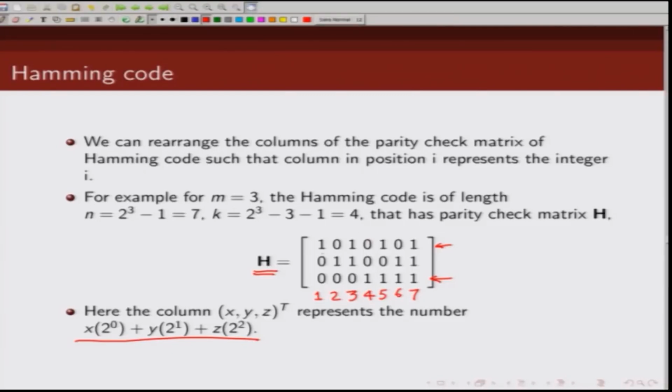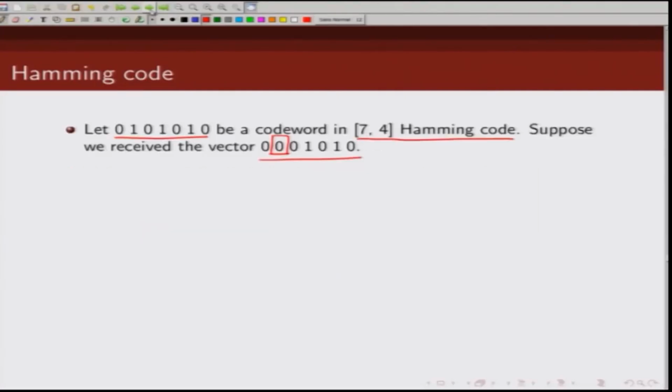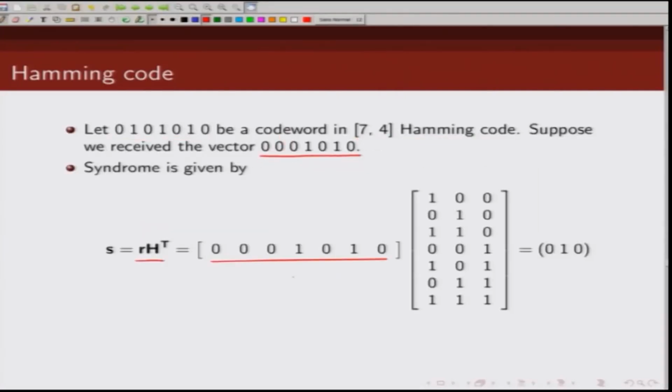So, if we take H transpose, we will get 1 0 0, 0 1 0, 1 1 0, 0 0 1, 1 0 1, 0 1 1, 1 1 1, right, and that is what I get here. So, this is my R, this is my H transpose.